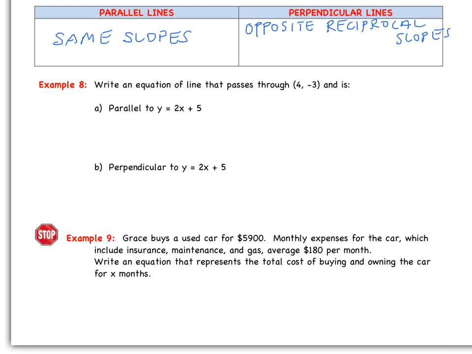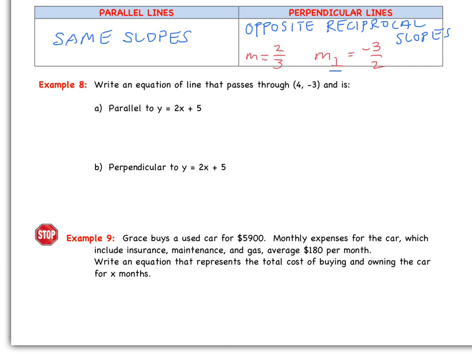Reciprocals just means you take the fraction and you flip the numerator and the denominator. So for instance, if I have a slope of 2/3, then the slope of the perpendicular is going to be negative 3/2. And notice the perpendicular symbol notation I used here, that just helps me keep things in order.